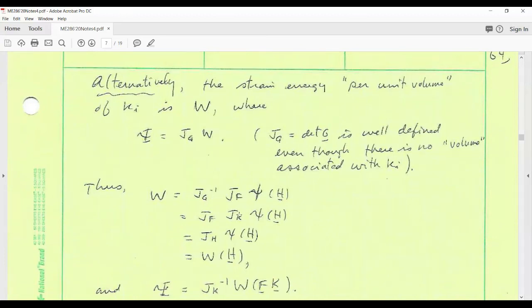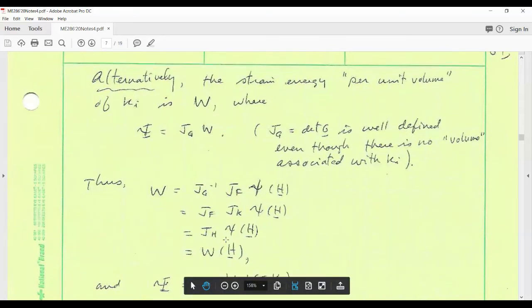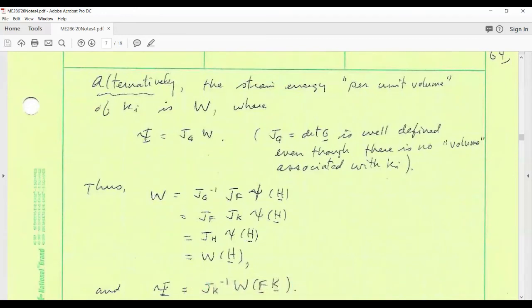So the determinant of K would be the determinant of G inverse, which is the reciprocal of the determinant of G. So we have J_F times J_K, but F times K is tensor H, so the product of the determinants is just J of H, the determinant of H, times the energy per unit current volume, which is a function of H. Everything here on the right now depends only on H. So what we've done is to introduce a function W per unit intermediate volume, in quotes, and it depends only on H also.